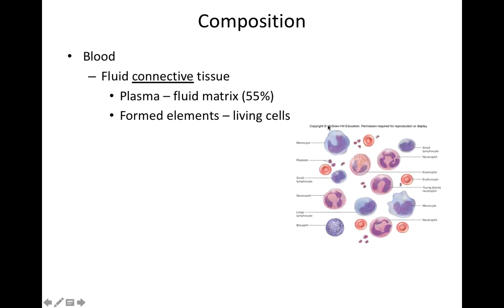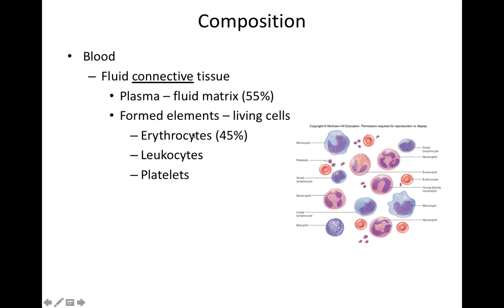So here are all of our formed elements. So we have three different types. We've got your erythrocytes, or your red blood cells, leukocytes, which are the white blood cells. There's 5 different types of those. And then platelets, which are little fragments of other cells.